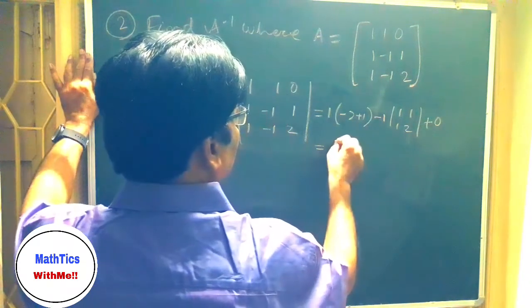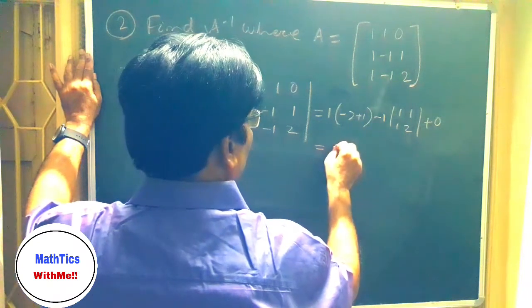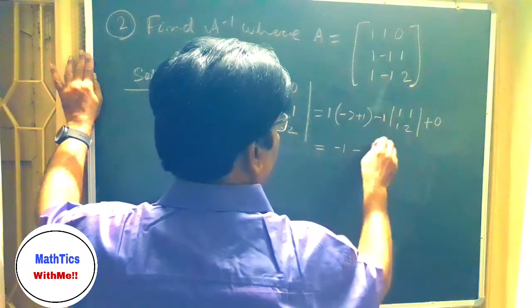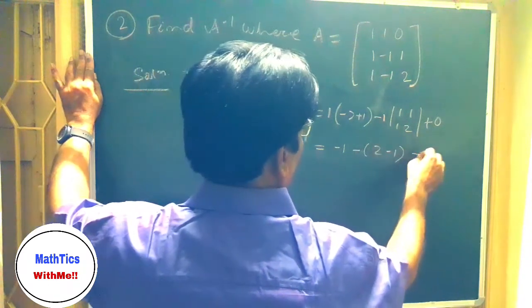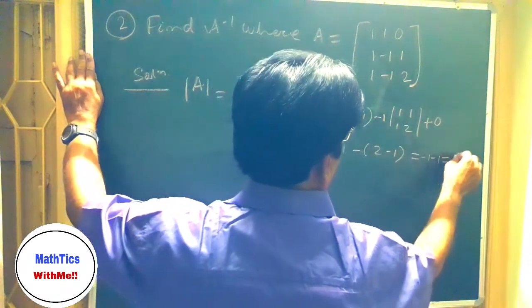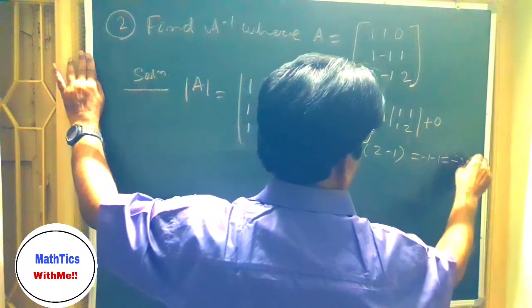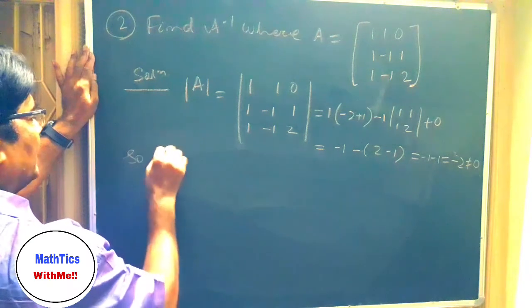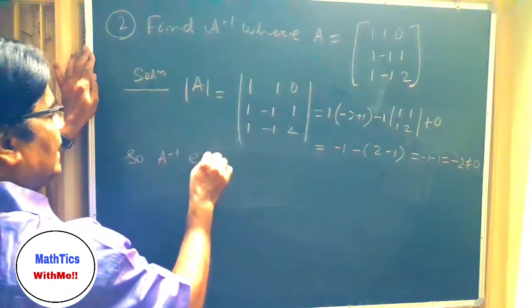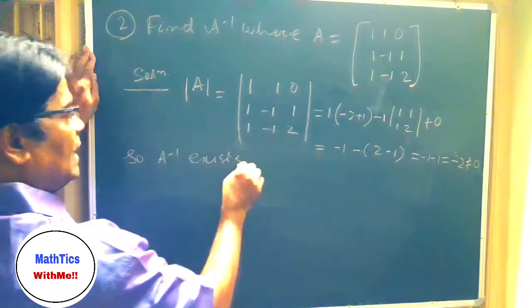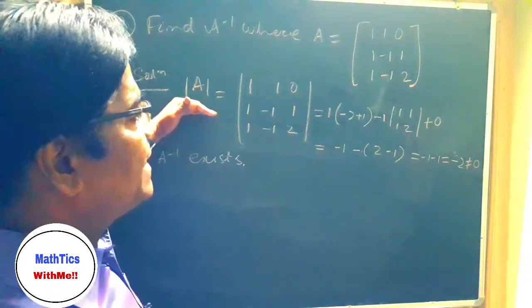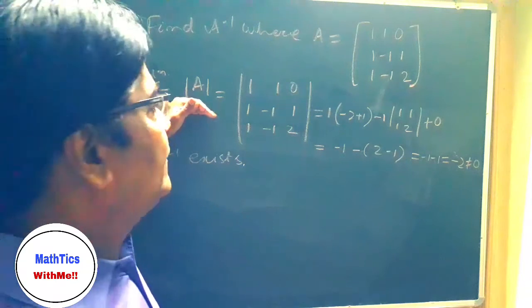So which is equal to minus 1, this is minus of 2 minus 1, minus 1, which is equal to minus 2, not equal to 0. So A inverse exists. That means we can find A inverse because the determinant of A is not equal to 0.